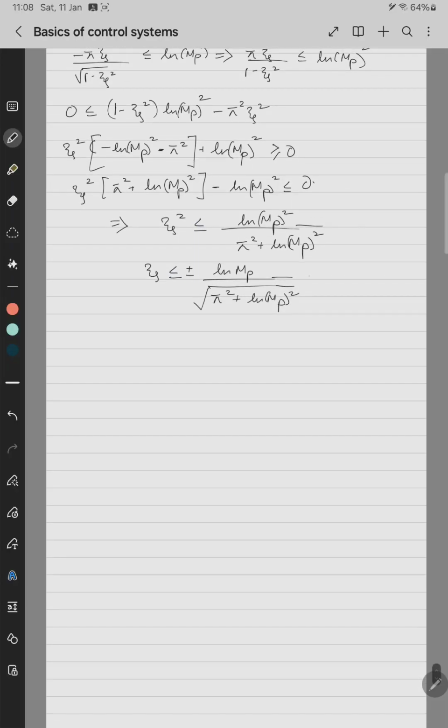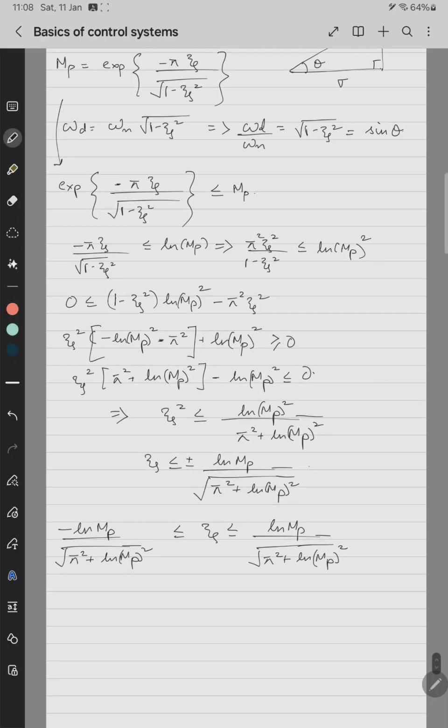So it means minus ln of Mp by under root of pi square plus ln of Mp whole square is less than or equal to zeta, less than or equal to ln of Mp by under root of pi square plus ln of Mp whole square. So if you know zeta, we can find theta.